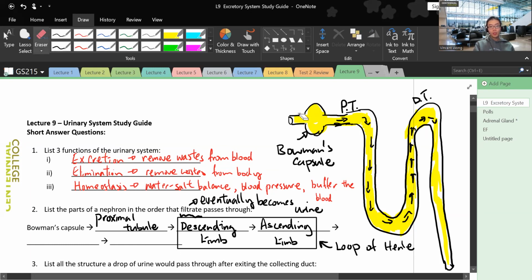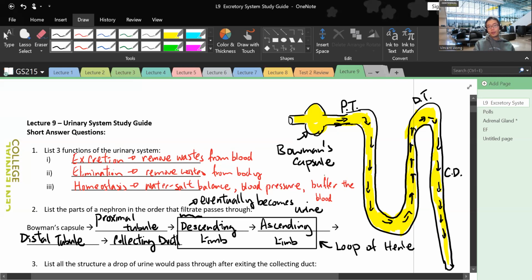The one that's closer to the ball, that's the proximal. The one that's further away, that is the distal tubule. And finally, it's going to go down this collecting duct. Collecting duct. Collecting ducts like that.